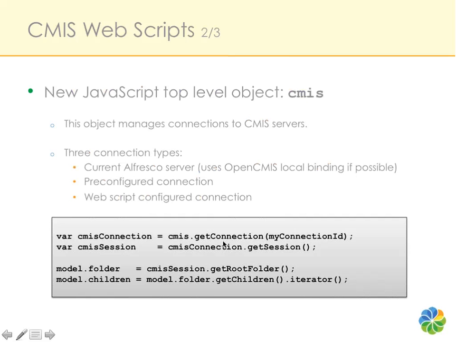If I'm in an Alfresco Share environment and my Alfresco server is on a different machine, this will automatically connect you to this repository. It will, under the hood, use the Atom Pub binding because it's faster than the web services binding. But it will also take the authentication with it. So the user that is authenticated in Share will be used for this connection.